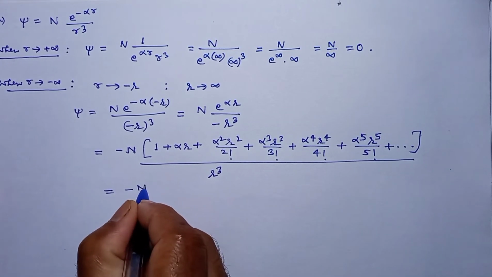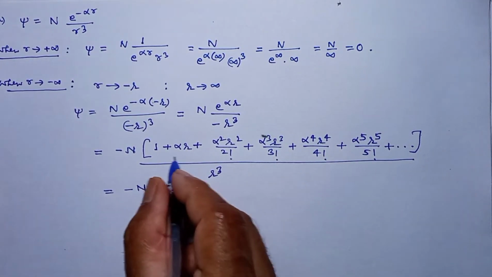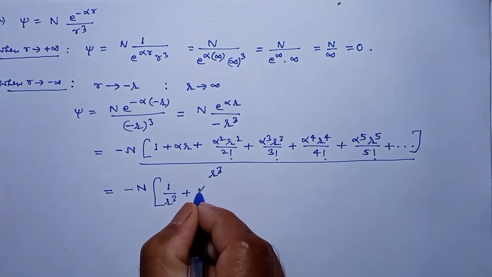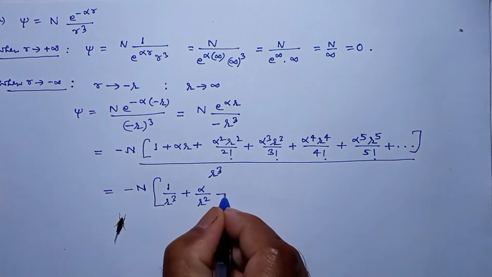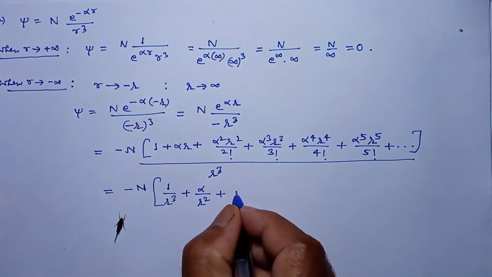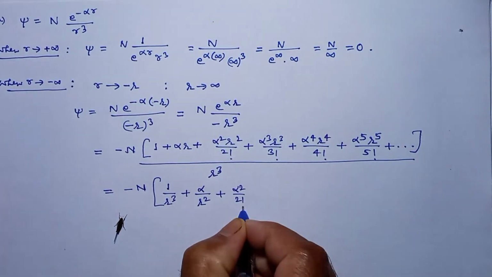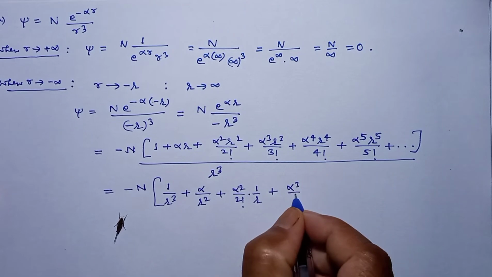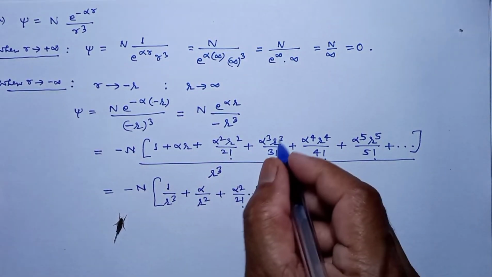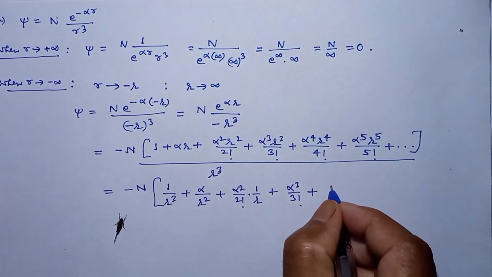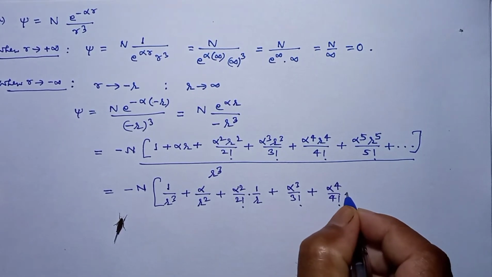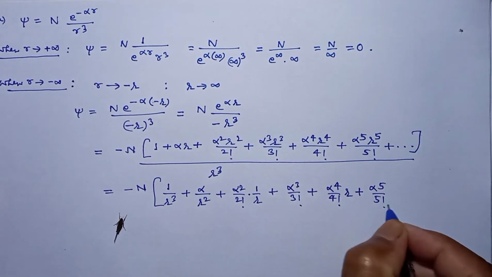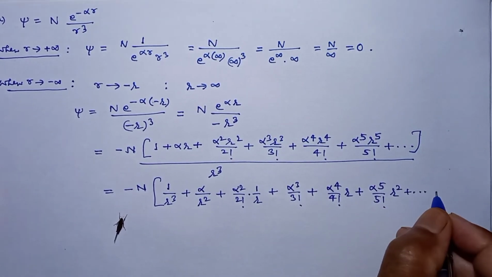So it becomes minus N, dividing throughout, 1 upon R cube plus alpha upon R square plus alpha square upon factorial 2 into 1 upon R plus alpha cube upon factorial 3 plus alpha 4 upon factorial 4 times R plus alpha 5 upon factorial 5 times R square and so on.